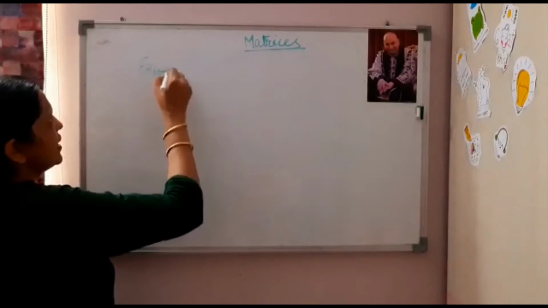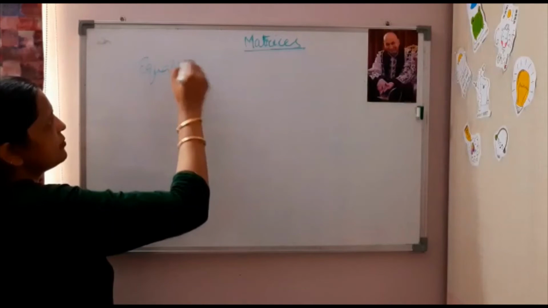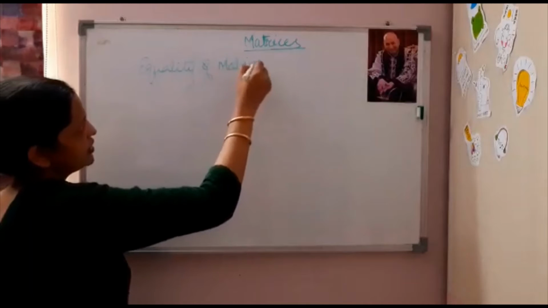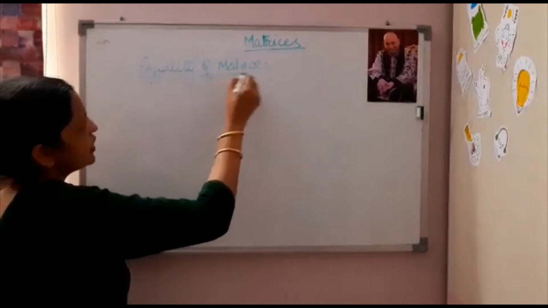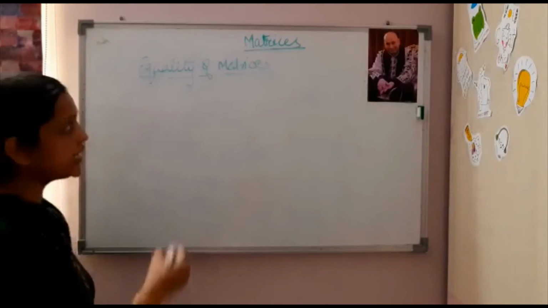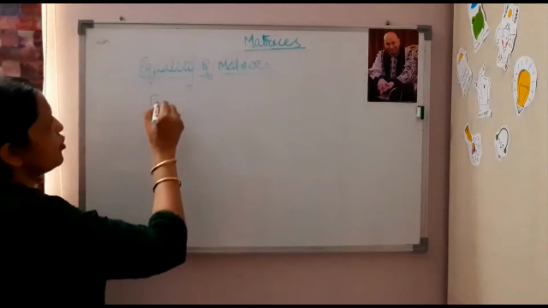Equality of matrices. Equality, as the name itself says, when two matrices are equal, if we equate two matrices, then their order must be the same. That is the main point.